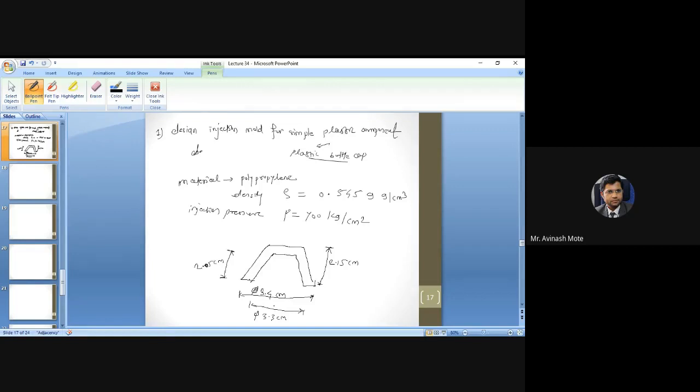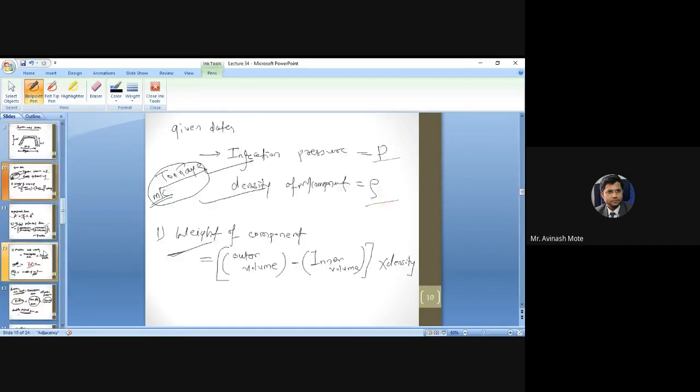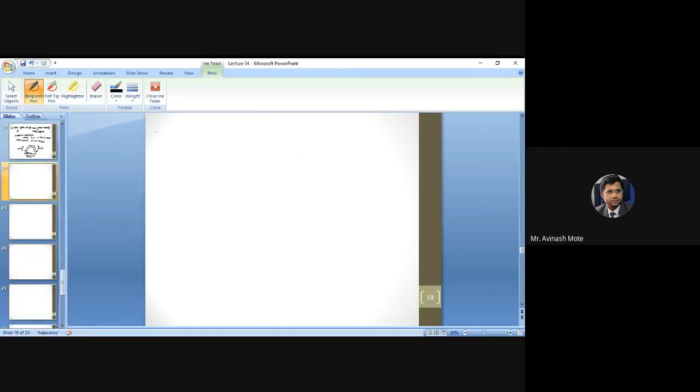So now let's calculate the first part: the weight of the component. The weight of the product, and the formula is outer volume minus inner volume into density.